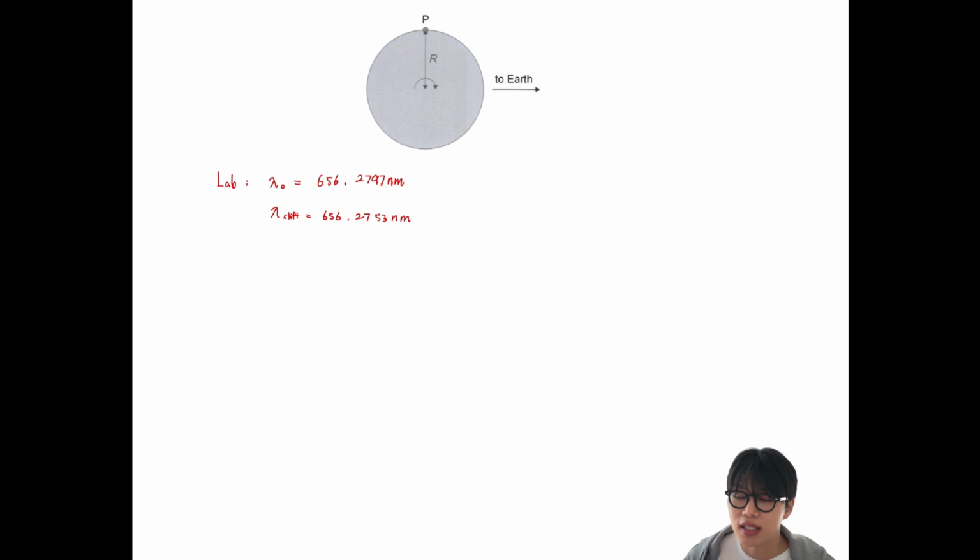So the wavelength has changed. The wavelength decreased, which means the frequency increased, right? When the frequency changes because there is relative motion between them, that causes the Doppler effect. So this observation is about the Doppler effect.